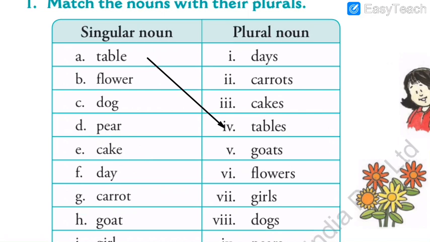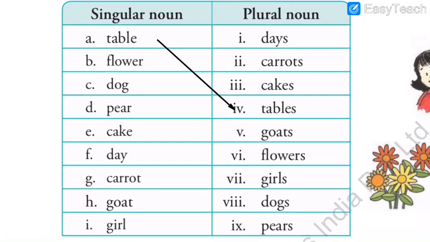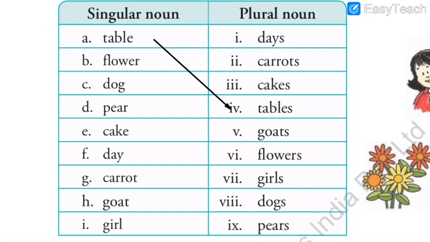Good? Excellent. Now the second one is flower. What could be the answer for flower? We need to just add s to it, and here is the answer, flowers. Correct? Now the third word is dog. Like I showed you in the photo. Do you remember the photo? Let me show it to you again.